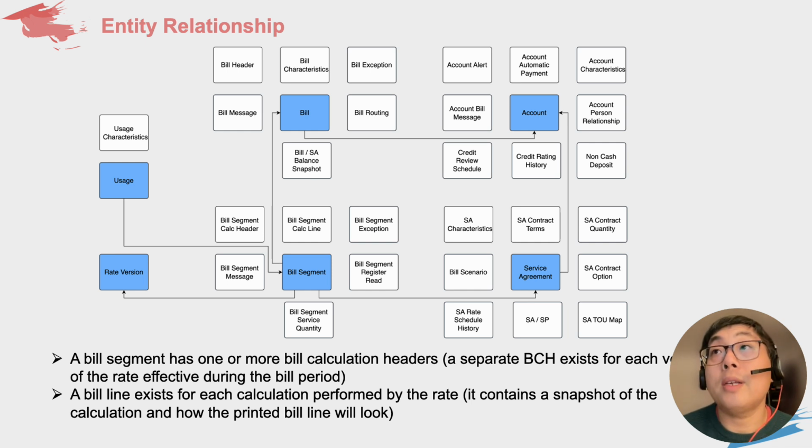You have SQ details, that basically copies all the details from usage, and it calculates additional SQ as required. And then once the SQ is there, it applies the rate, and you can see in the bill calculation header how the different headers are calculated, and they can then be passed onto the bill print to generate the bill.